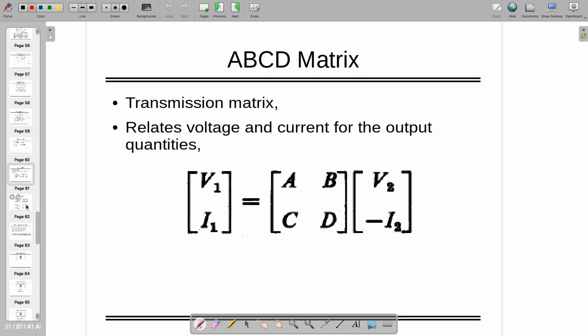Okay. Other than that, there is one more parameter which is left as per the book. It's called the ABCD parameter. So this is known as the transmission matrix. This is very much useful if you are going for communication engineering.